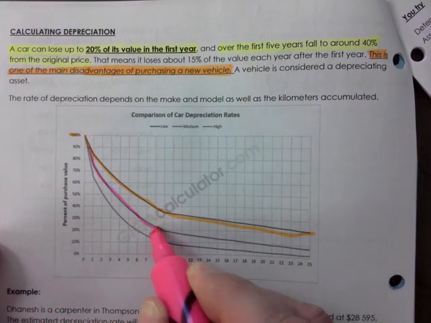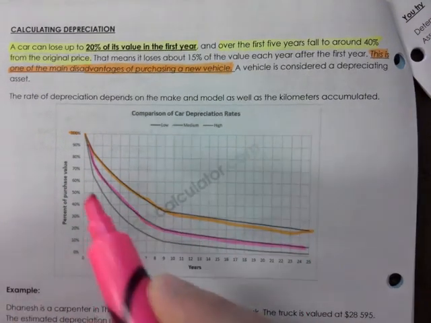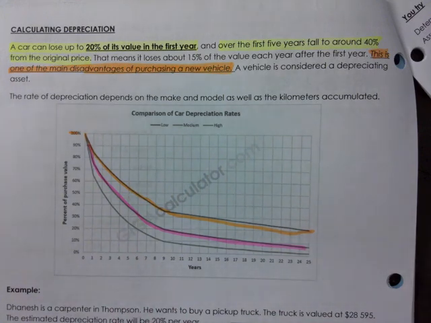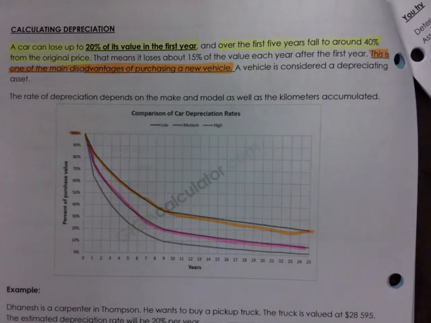Imported cars, they lose their value. So imports would probably be the orange. They would lose their value, but not as much as, I don't know, what's in between? VW, something like that. It's still an import, but it all depends, right? You gotta kind of do your research on the car you're interested in.